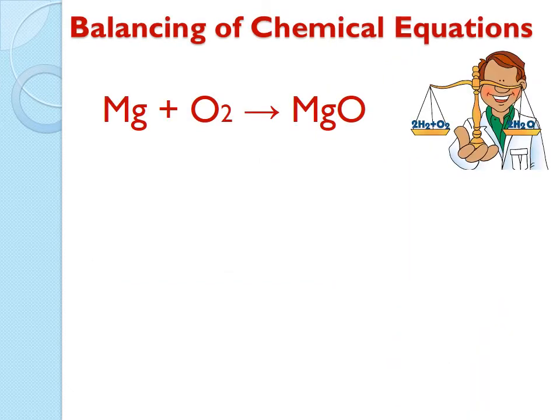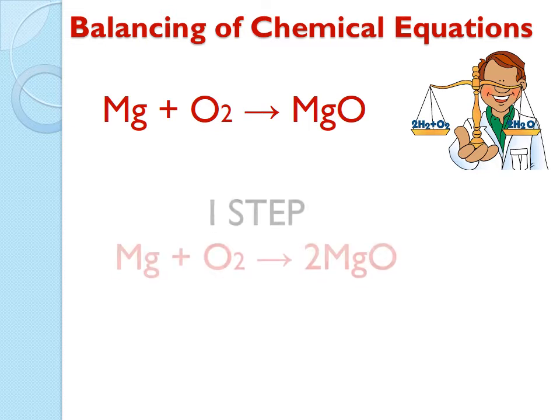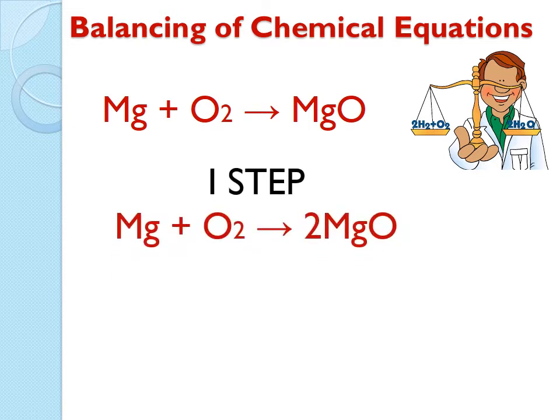Now balance this skeletal chemical equation. What we observe, number of oxygen atoms left hand side are 2, but right hand side there is only 1. Hence we are going to multiply right hand side magnesium oxide with the help of 2. By doing so, now we get this result. Number of oxygen now balanced, but now number of magnesium atoms have become unbalanced.